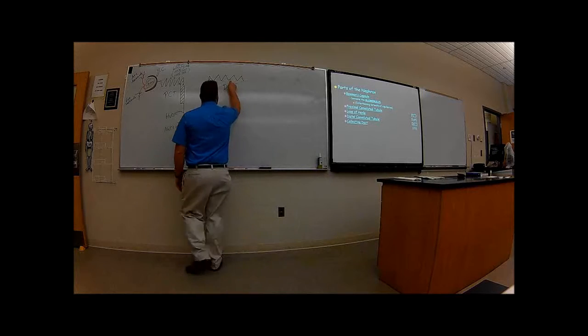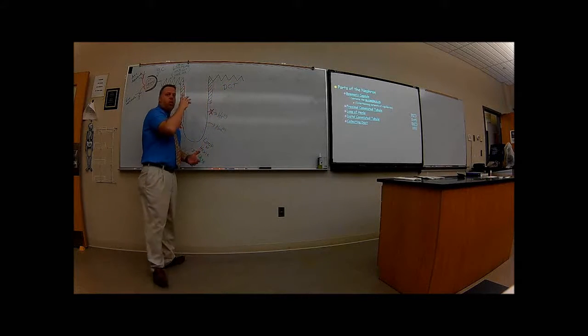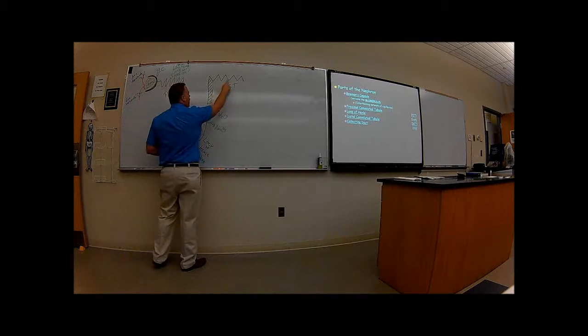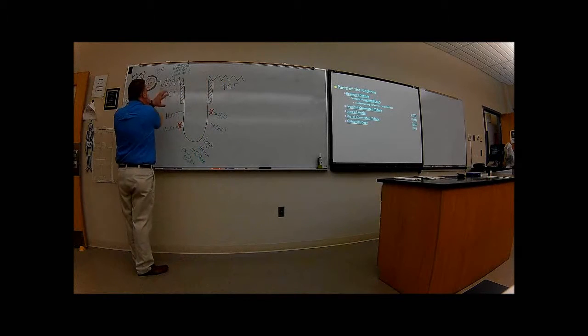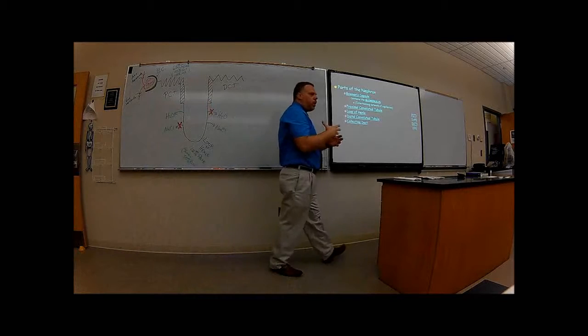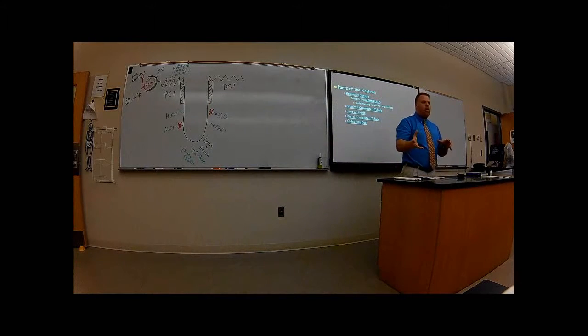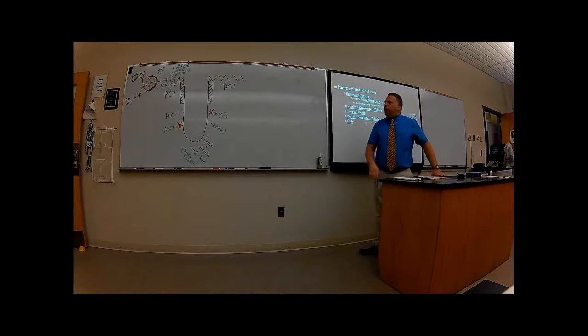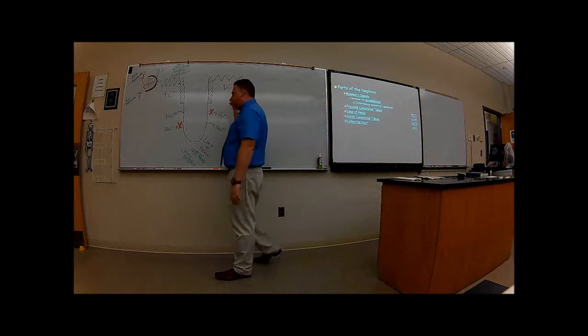So this part here is actually going to get twisted and it's going to touch one of the blood vessels over here to communicate, to see what's going on, what do we need to really put back. So we have fine-tuning that's going on here.